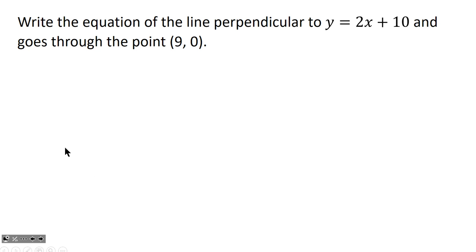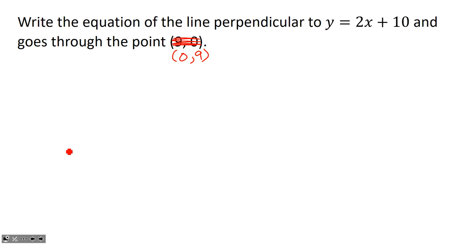Write the equation of a line perpendicular to y equals 2x plus 10 and going through the point (0, 9). So first we need to find the slope.